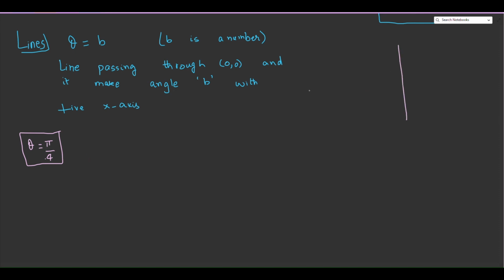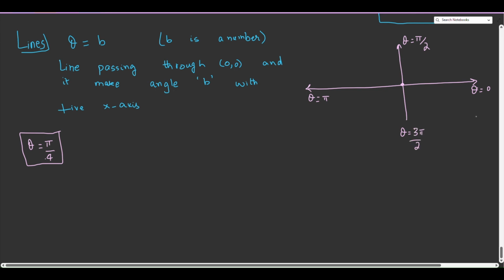But before this, you need to remember this thing. This is our origin. To the right side, here theta equals 0, and here we have theta equals pi by 2. This is theta equals pi. This one down here is 3 pi by 2, and this one you can also call theta equals 2 pi.